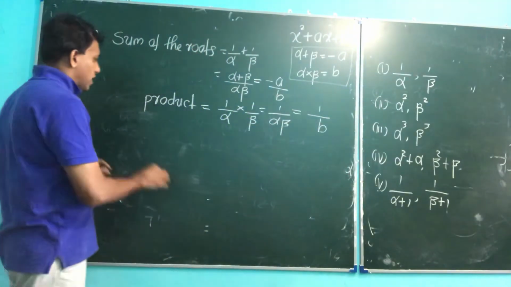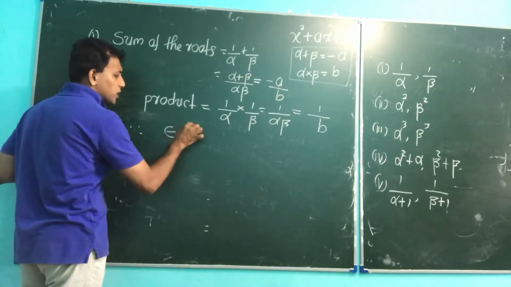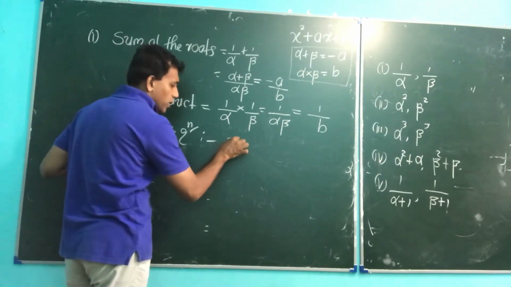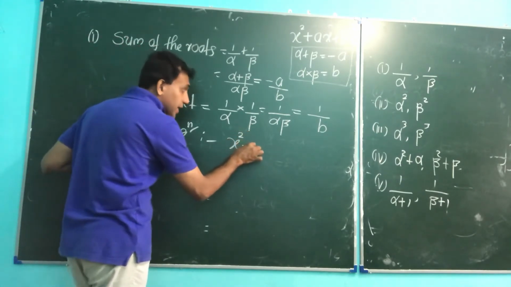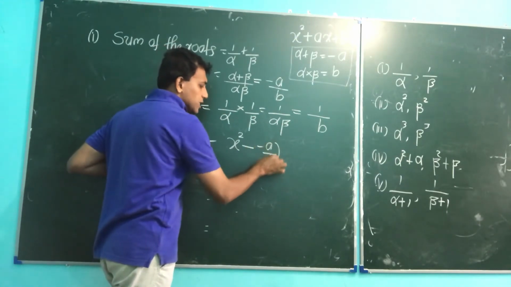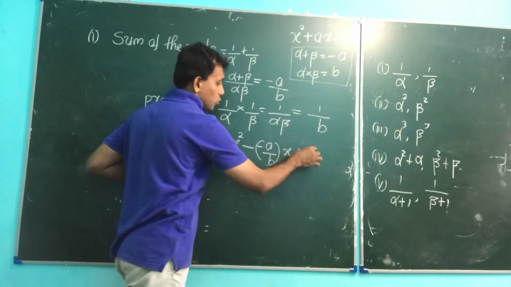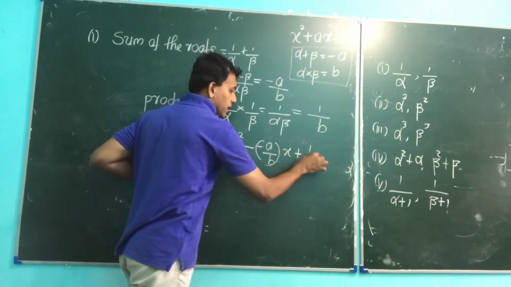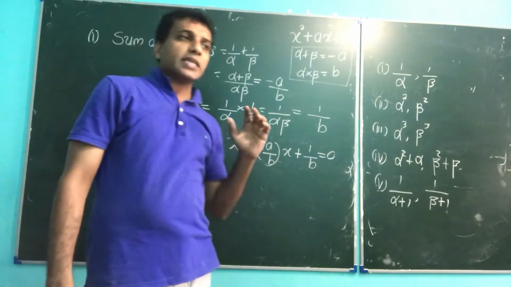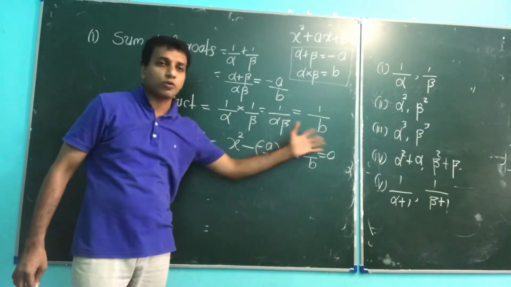Therefore, right below, the quadratic equation is what? We write in terms of x: x square minus sum of the roots into x plus product of the roots, 1 over b, equal to 0.